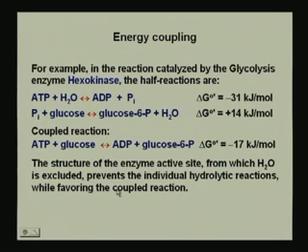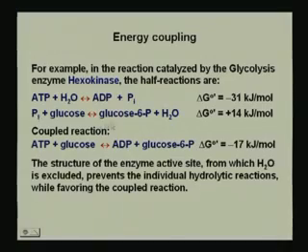Okay? And the structure of the enzyme active site from which H2O is excluded prevents individual hydrolytic reactions, but it does favor the coupled reaction. Okay, you understand that the enzyme active sites are extremely specific in the way they work. You have seen certain enzyme active sites and how they actually work.